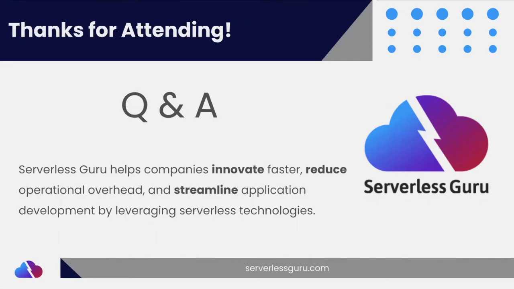It's not just the API Gateway or the Lambda function that sits in front, right? So you need to think about that as well and find a way to overcome that.